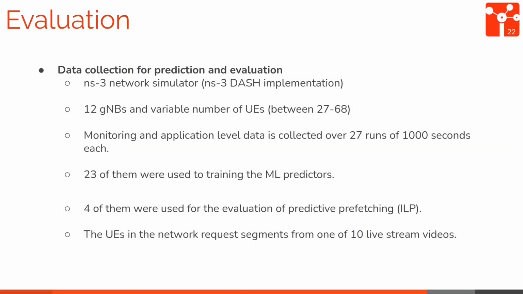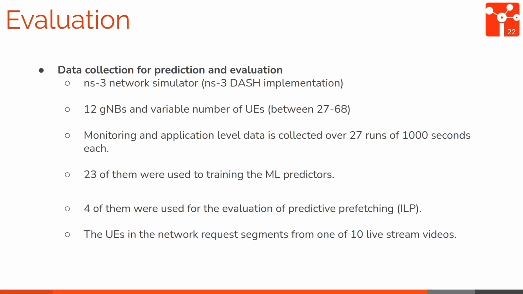Now in the evaluation part, for data collection, the authors used the NS3 network simulator, which supports DASH implementation, and the setup consists of 12 gNodeBs and a variable number of user equipments between 27 and 68 that move between these gNodeBs with velocity ranging between 1.4 and 5 meters per second.